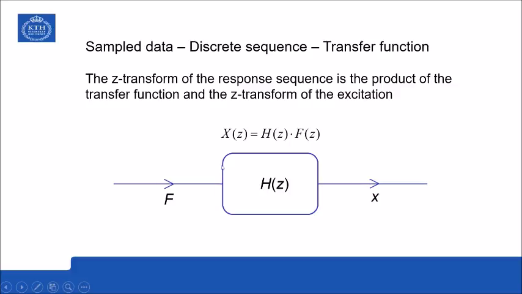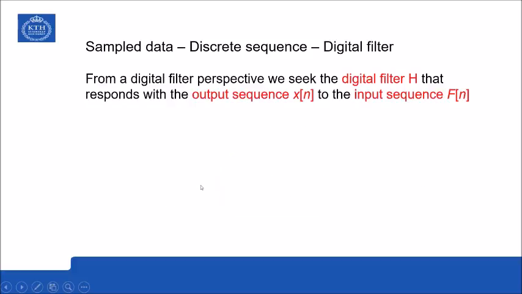In a graphical form you can view it like this. From a digital filter perspective, we are looking for the digital filter H that responds with an output sequence xn, the displacement sequence, to the input sequence fn.